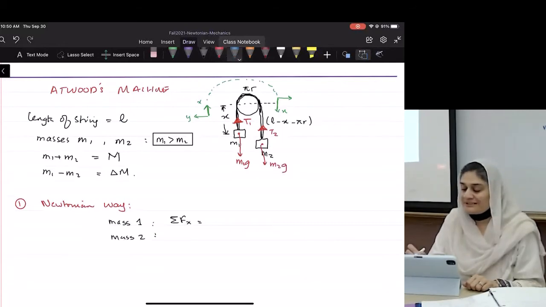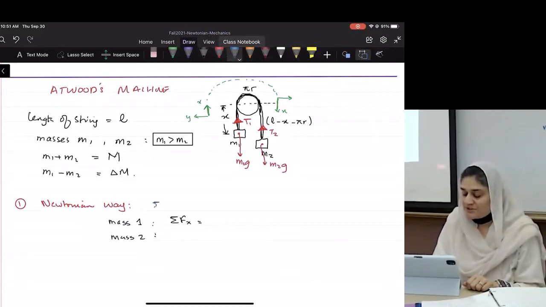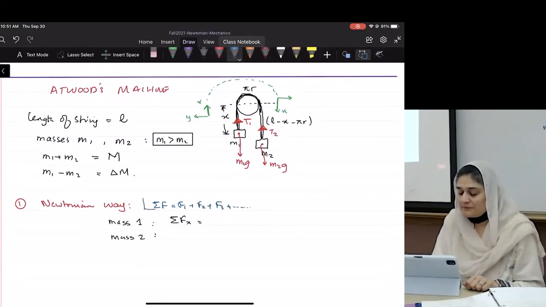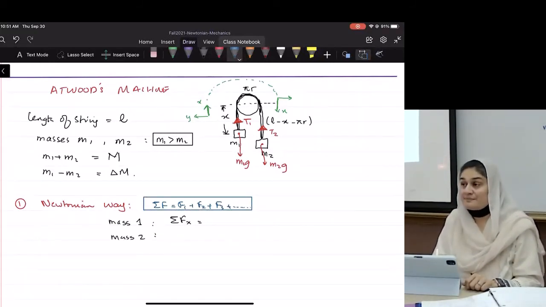So the sum of the forces is going to be F1 plus F2 plus F3 and so on. The pulley does not have mass.